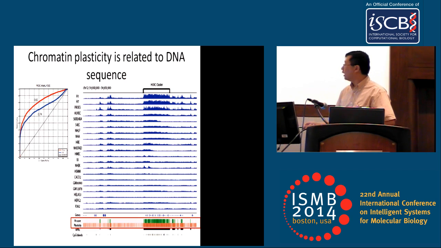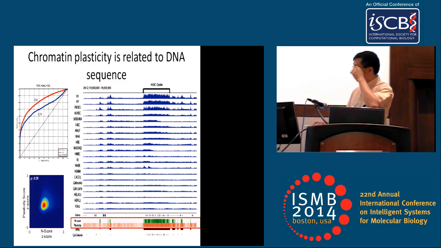This is actually a snapshot of that. We can see that the prediction captures the variability pretty well, not just in the CpG-rich regions, but also in the CpG-poor regions. But it doesn't mean that the signal can be fully predicted by the DNA sequence. As you can see, the correlation genome-wide is still relatively low.